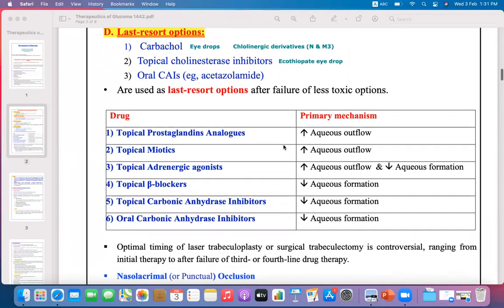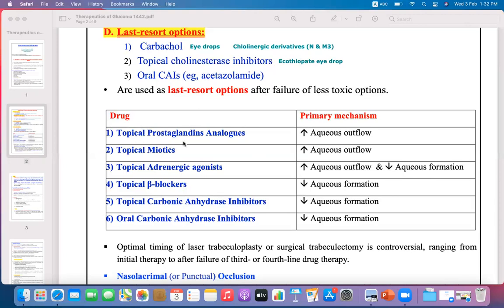Now, how do the drugs act? If you see the mechanism of action, our target here is to reduce the intraocular pressure, and in open angle glaucoma there is an obstruction to the aqueous outflow. So all categories of drugs act either by increasing aqueous outflow or by decreasing aqueous formation. There are only two primary mechanisms by which these drugs act.